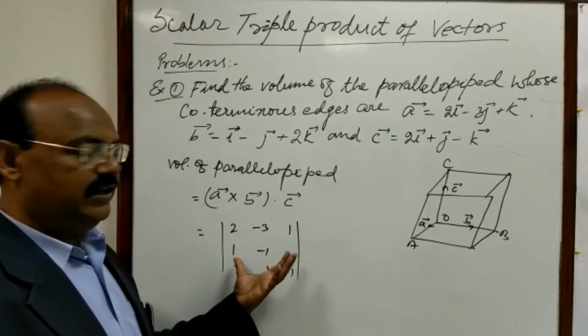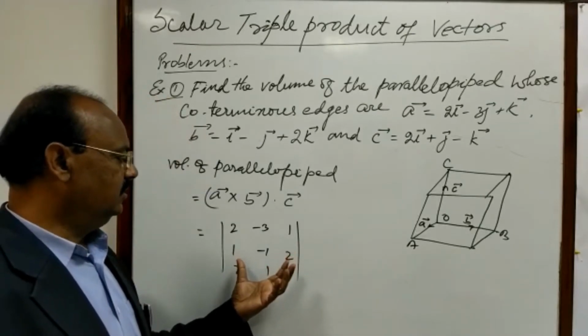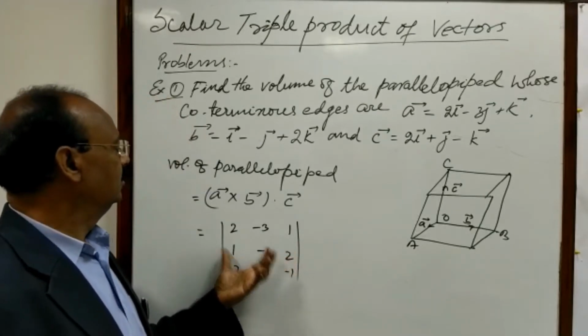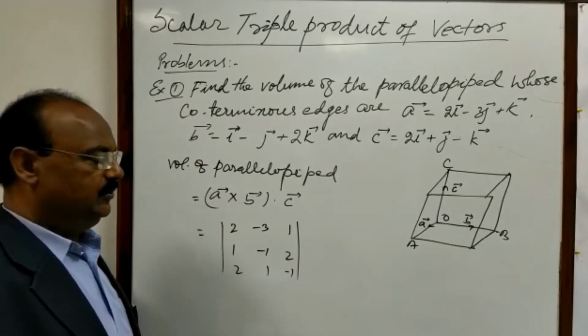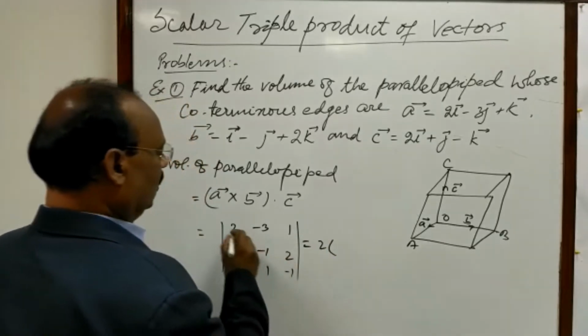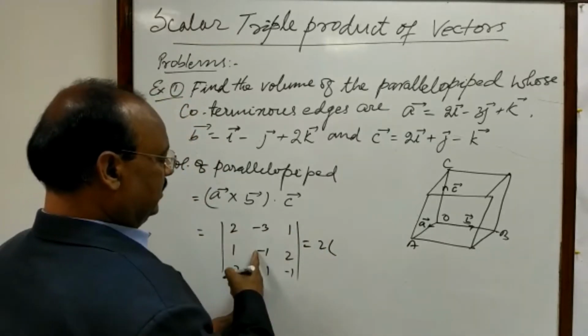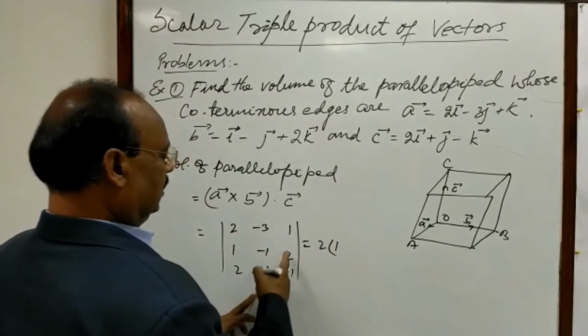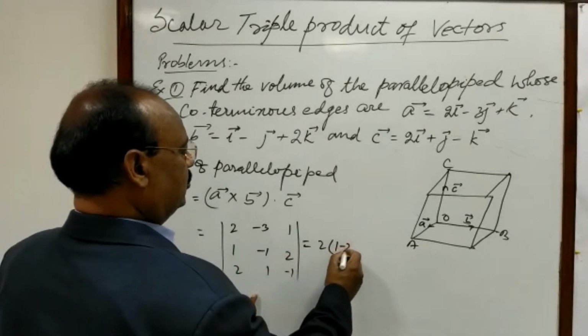Now let us evaluate this determinant to get the volume of the parallelepiped. So expand it. This is equal to 2 into, omit first row and first column, minus 1 into minus 1 is 1, minus 2 into 1, that is 2.